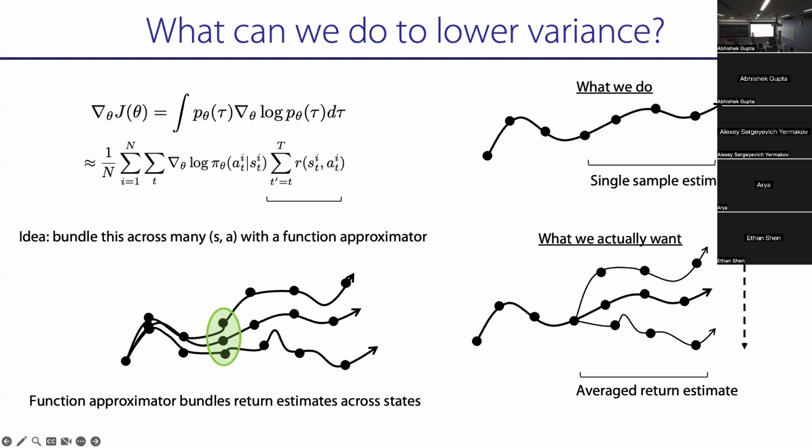That helps lower variance because it can share information across this state and that state, even if they're not exactly the same. Policy gradient was a single-sample estimator, so that's high variance. We want to average our return estimate. We'll never get back to the same state, so we use function approximation to get an average return estimate. That's the key idea behind actor-critic methods.